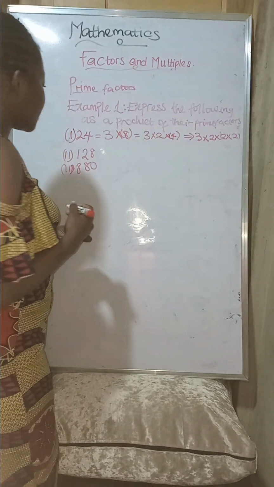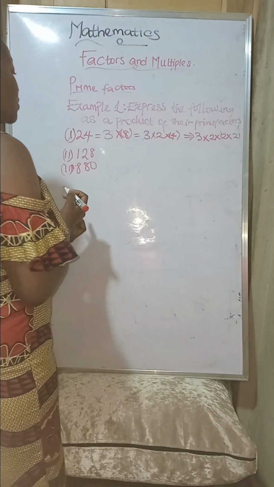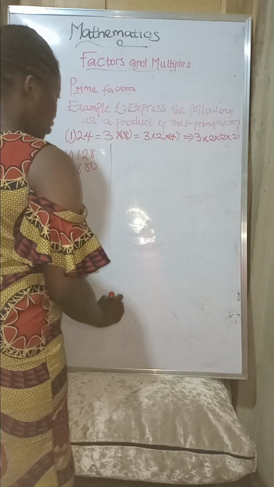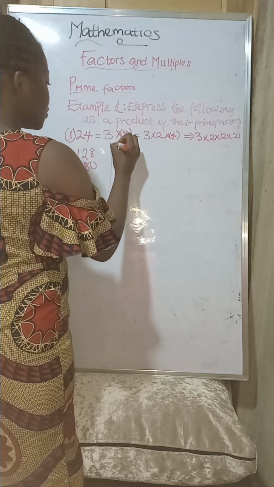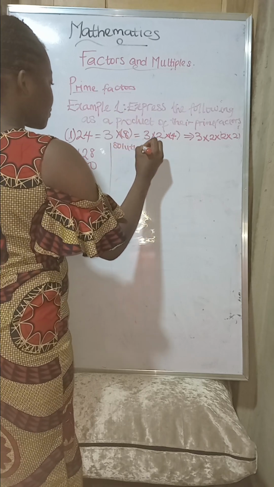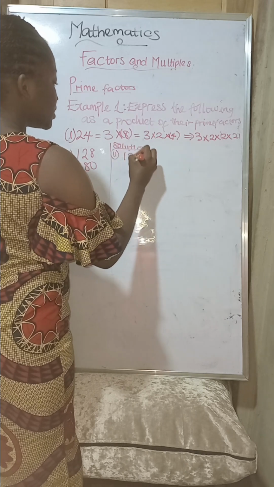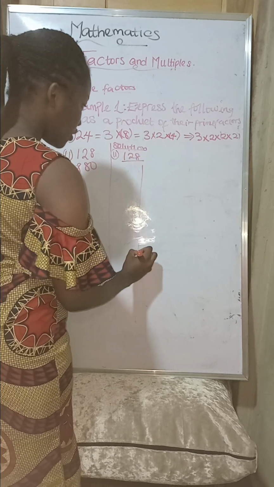Do you understand? Now, another method that we have is what I'll use for this 128 here. So let me draw a line. So we have the solution for 128. You draw a table. 2 into 128: 2 into 12 is 6, 2 into 8 is 4, 2 into 8 is 4.